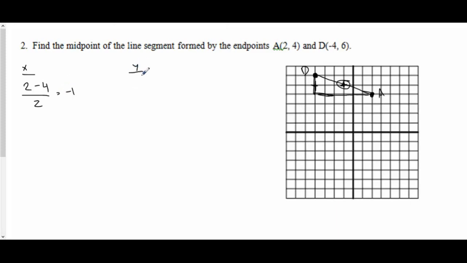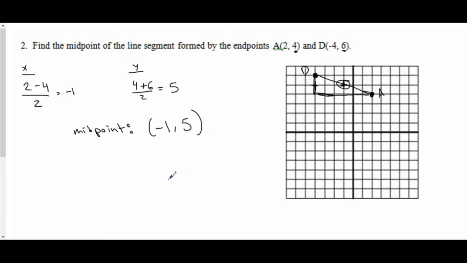For y, same thing. I'm going to take these y values, 4 and 6, and take the average. So 4 plus 6 divided by 2, 4 plus 6 is 10, divided by 2 is 5. So I have that my midpoint is going to be (-1, 5).